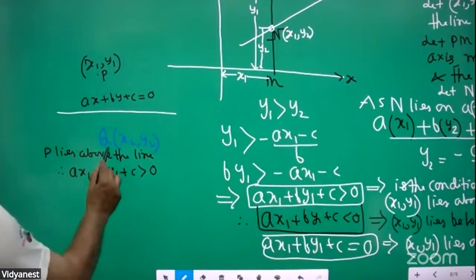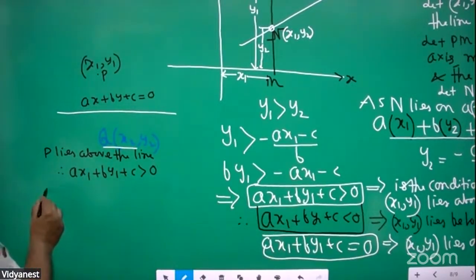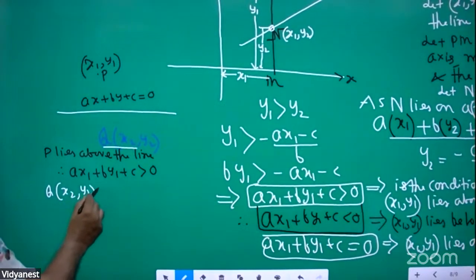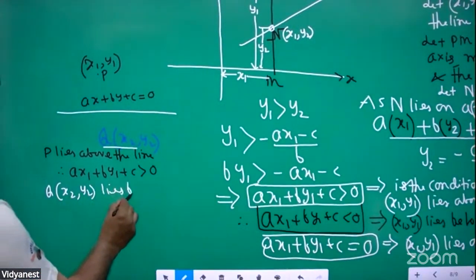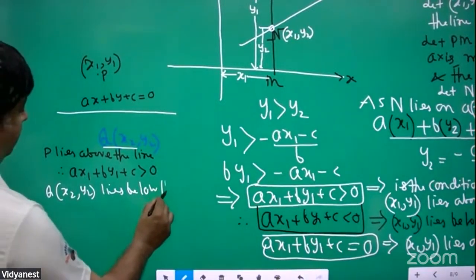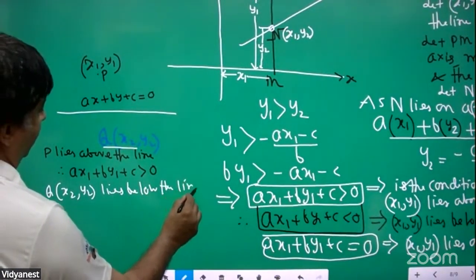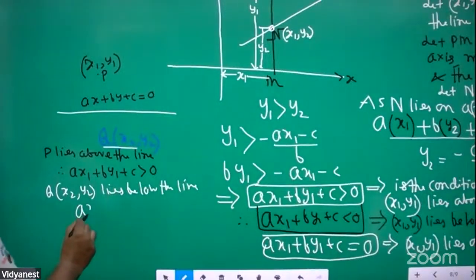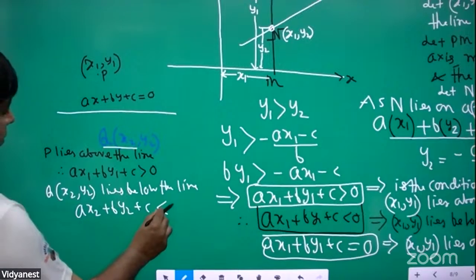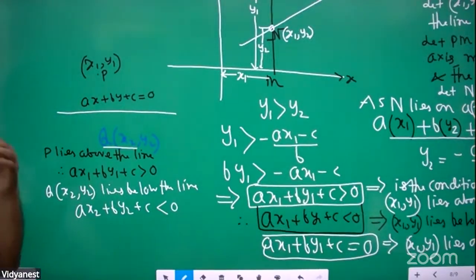And here Q lies below the line. That means x2 + by2 + c < 0.